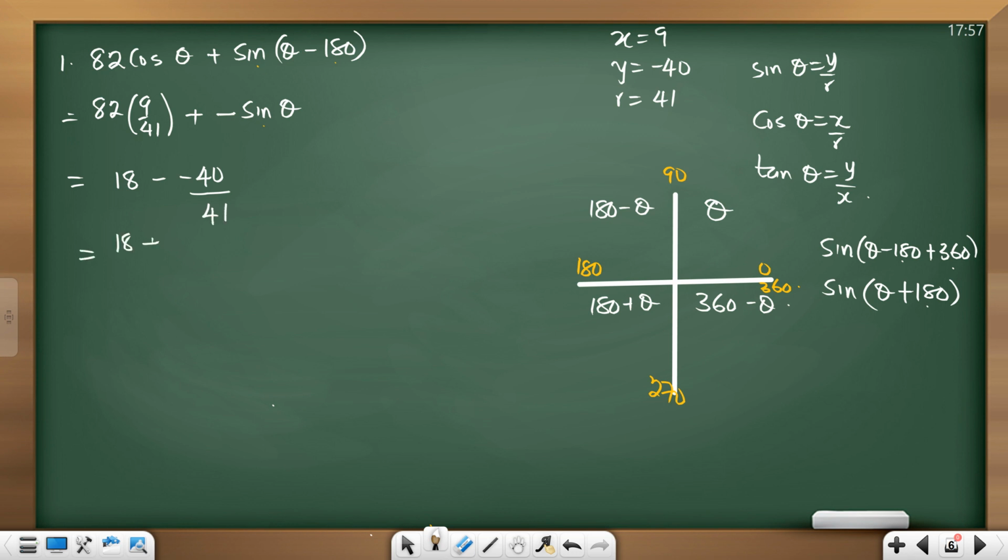This is 18 plus 40 over 41. What's your answer? 78 over what? 41. Done. 6 marks in the bag. 6 beautiful, lovely marks in the bag.